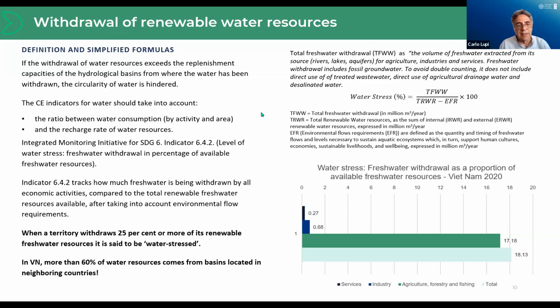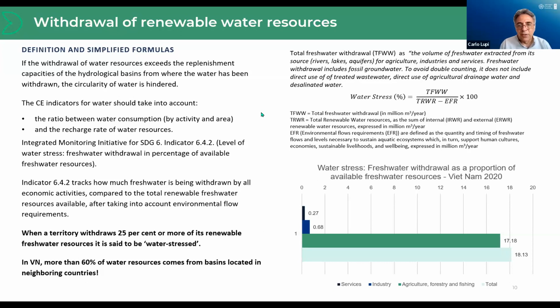One reason is that 60% of fresh water is actually coming from international waters, not from Vietnam waters. And there are a number of issues related to the depletion of water resources by pollution and by excessive withdrawal.